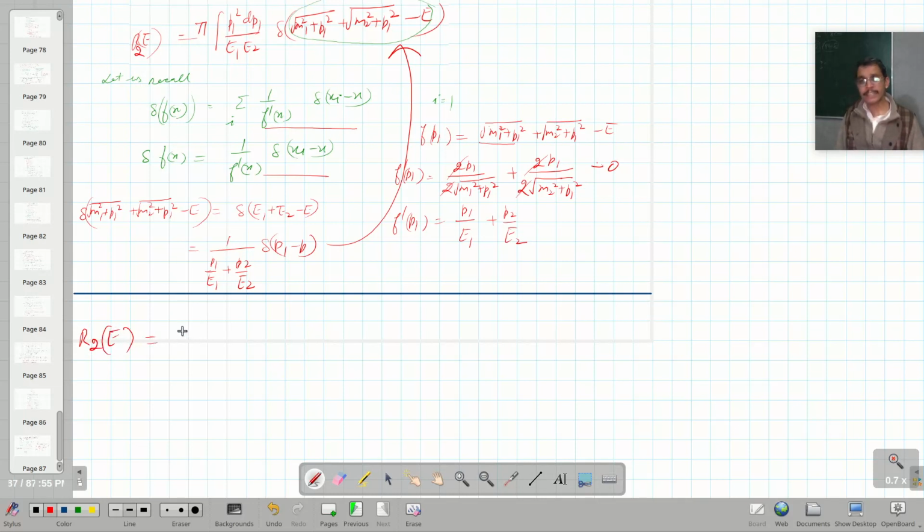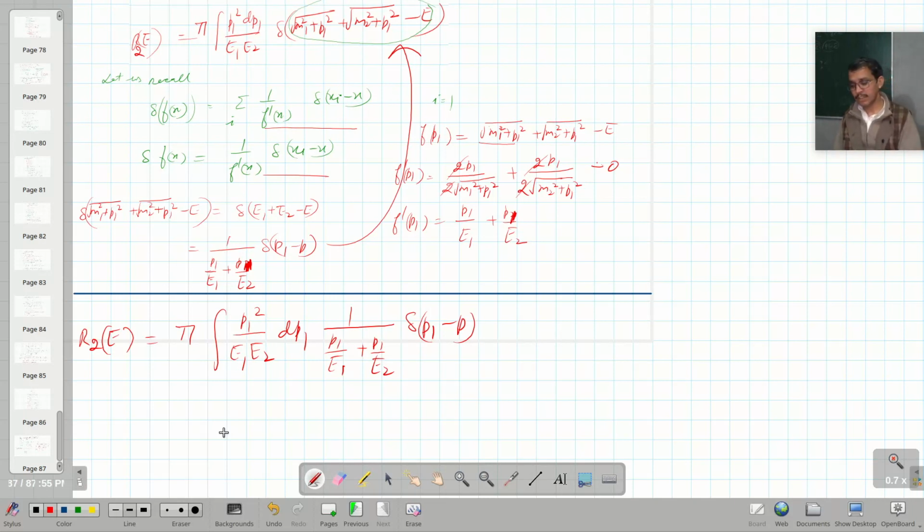It can be written as pi integral p1 square over e1 e2 dp1, and 1 upon p1 over e1 plus p1 over e2, sorry, it is p1, yes, p1 over e2, delta of p1 minus p. So let us do a little algebra and we will get the result.